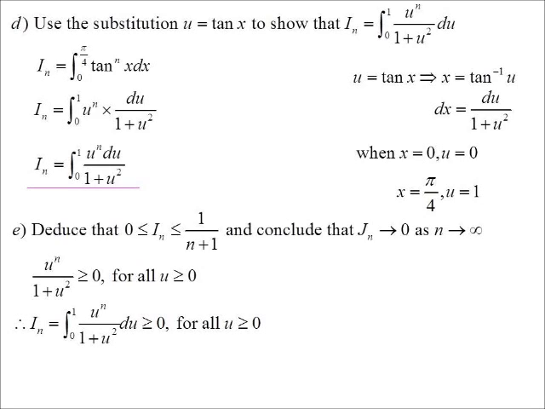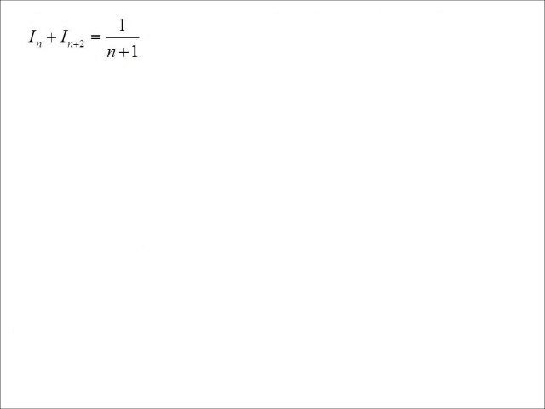The other end we've got to prove, of course. Now, remember this. We know that I_n plus I_(n+2) was equal to 1 on n plus 1. Way back in part A we came up with that expression. So if that is true, just rearranging it, I_n is always equal to 1 on n plus 1 minus I_(n+2).